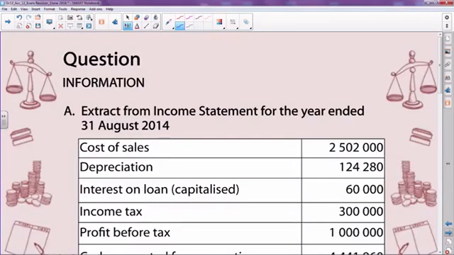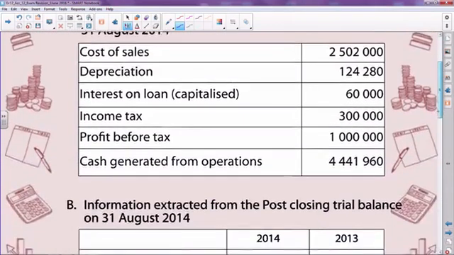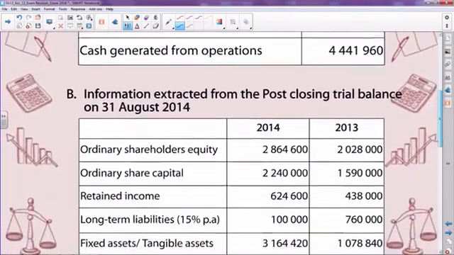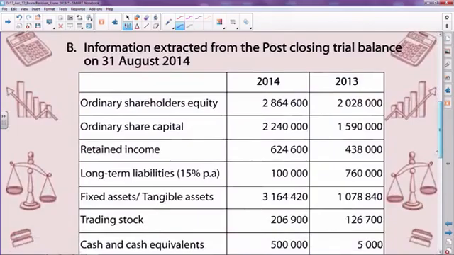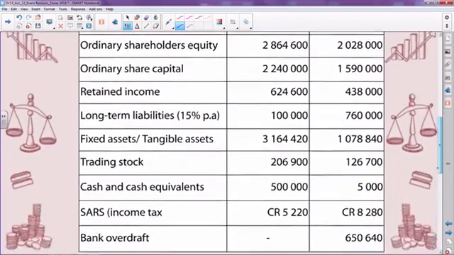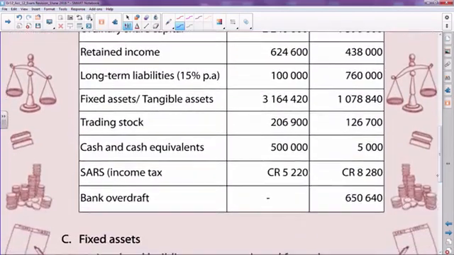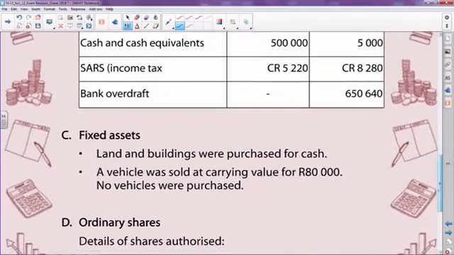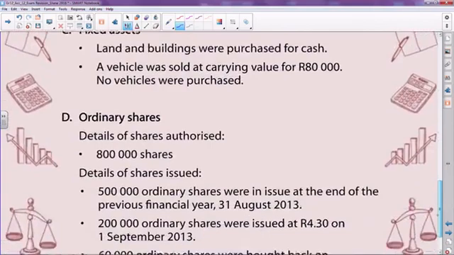Now, what information do we have? From my income statement, I'm given the cost of sales, depreciation, income tax, interest and loan, profit before tax, cash generated from operations. I'm given information from my post-closing trial balance with regards to equity, and I'm also given information regarding fixed assets and my ordinary shares.